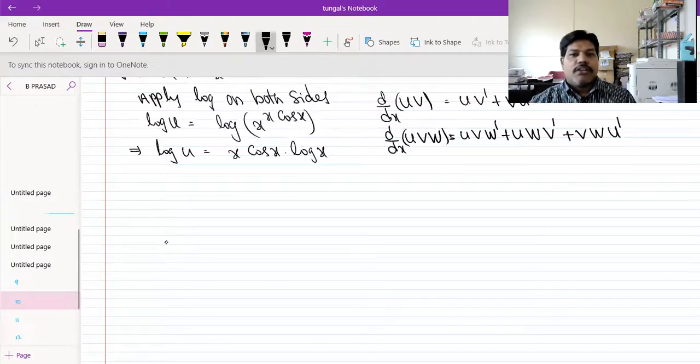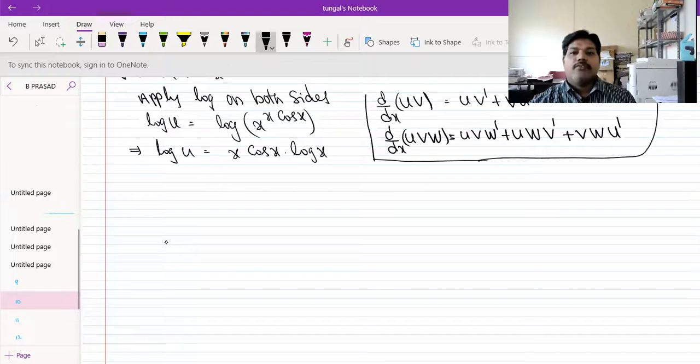Are you understanding that? U, v, differentiate the third function. U, w, differentiate the second function. V, w, differentiate the first function, that's all. So this is the u, v, w formula, the derivative of three terms in the product. So you can apply this formula.